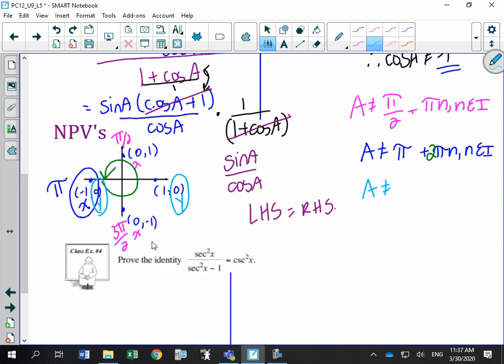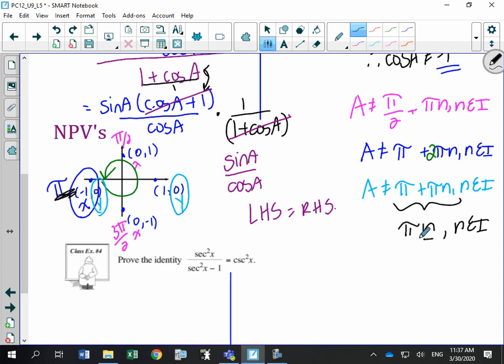You could say it cannot be equal to pi plus pi n, n belongs to the set of integers. Another way this could be written is just pi n, n belongs to the set of integers. Because what you're saying is A cannot be equal to pi, which is right over here, and every time we add pi or subtract pi.